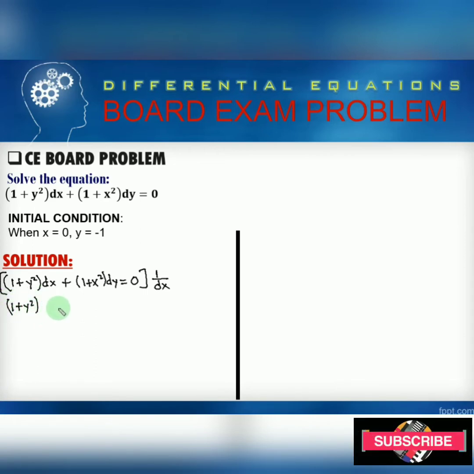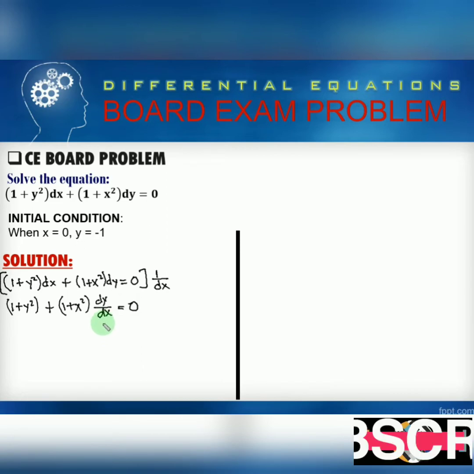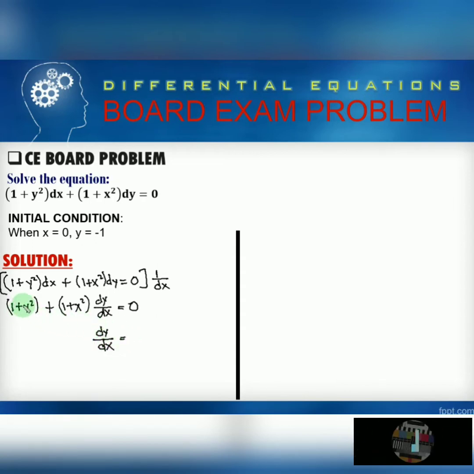Okay, and then the second term is (1 + x^2) dy over dx, and 1 over dx times 0 is simply equal to 0. So we will have this dy over dx form, which is just equal to, we are going to transpose this one to the right side, so this would be minus.